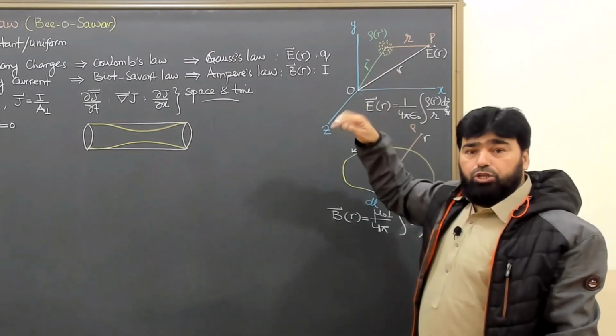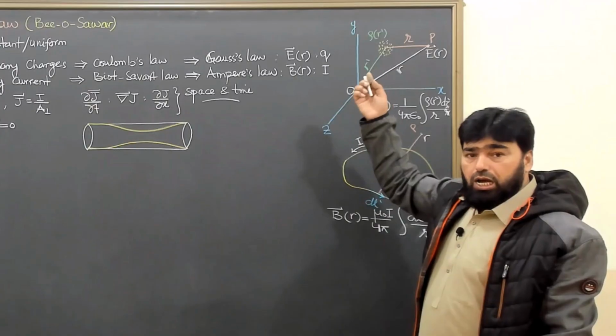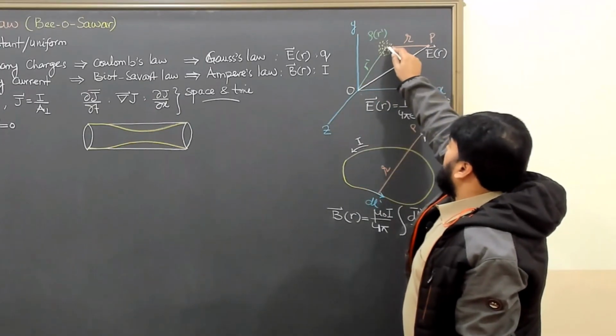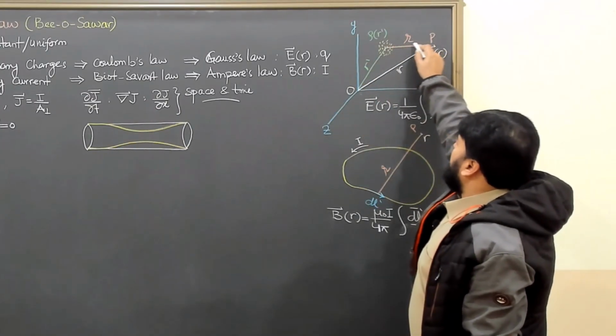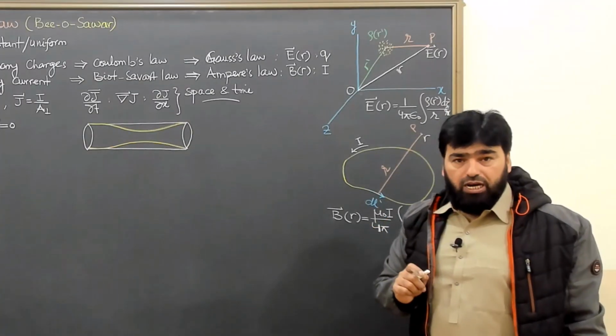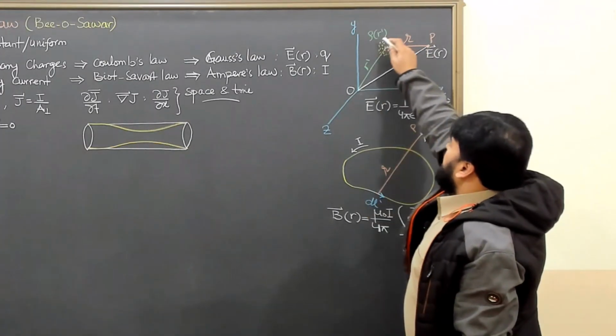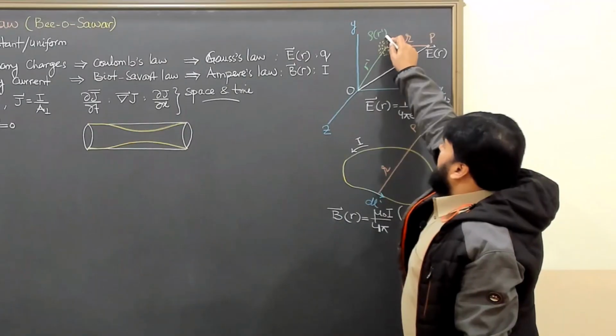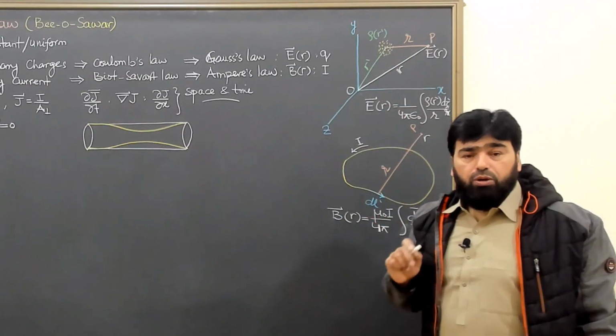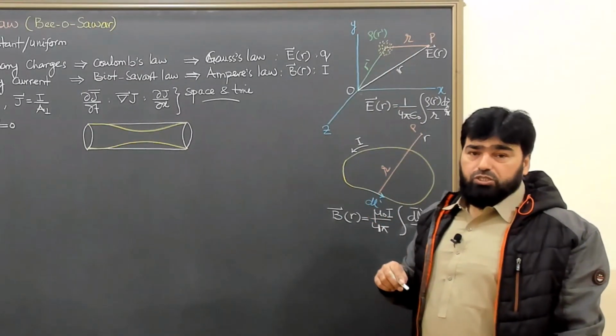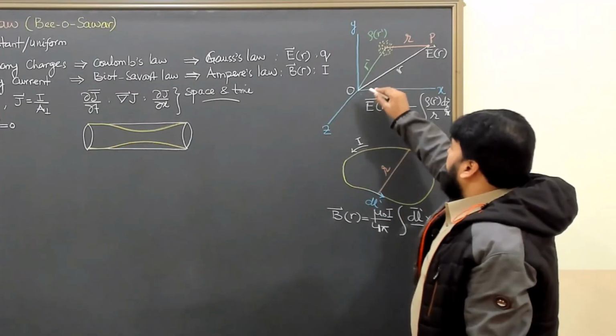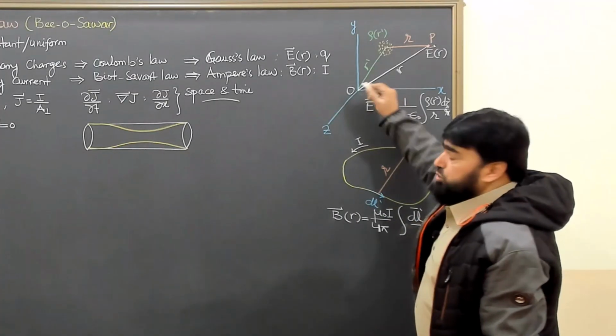So from the origin to the source is r prime, and then from the source to the observation point is this tilted r. So when we write rho of r, this is basically rho of r prime because it is measured from the origin. And then what is our observation point?